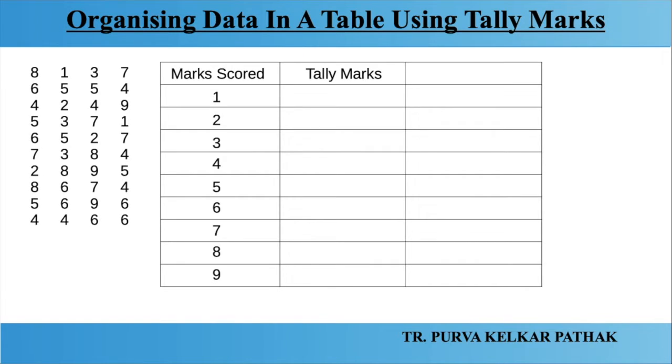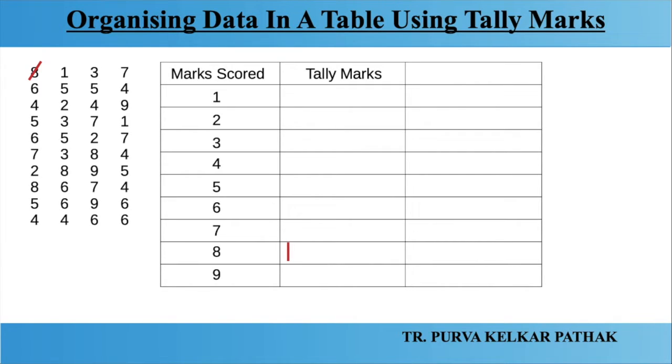Before putting the tally mark against 8, we strike out the score 8 that is given to us in the data. After striking out 8, we put a tally mark against 8 in the table.